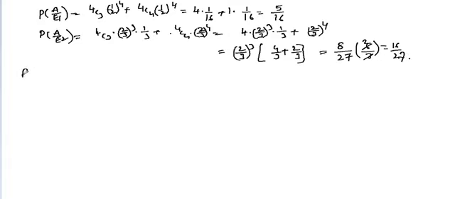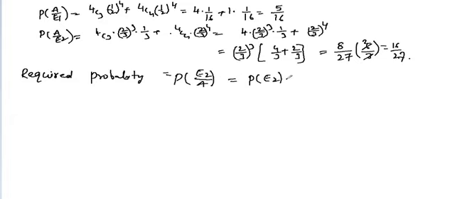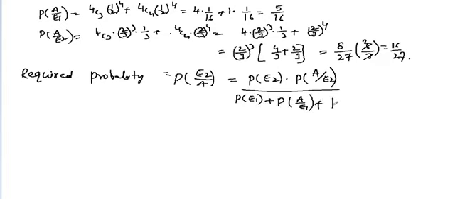Therefore required probability is probability of E2 by A, which is equal to probability of E2 into P of A by E2, divided by probability of E1 into P of A by E1 plus P of E2 into P of A by E2.